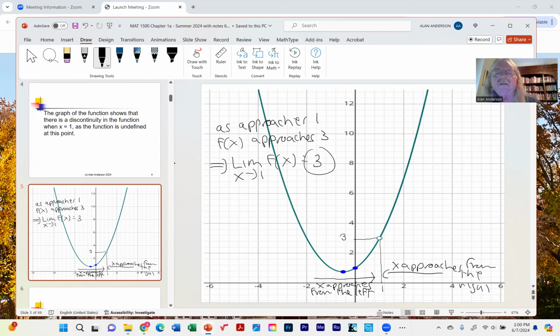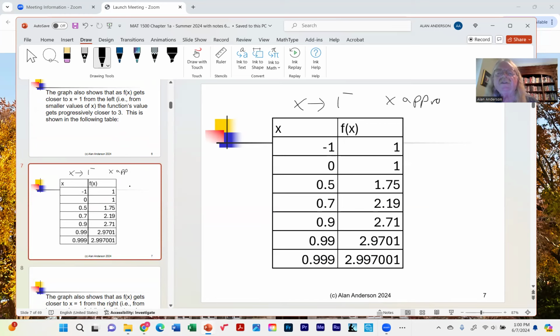Now, what I've done here is I've put together a small chart so you can visualize what's happening. This chart represents x approaching from the left. So you can see for yourselves that I've started with -1, then 0, 0.5, 0.7. You can see we're getting really close to 1 without ever actually touching it. In the meantime, f of x is getting very close to 3 without ever actually reaching it.